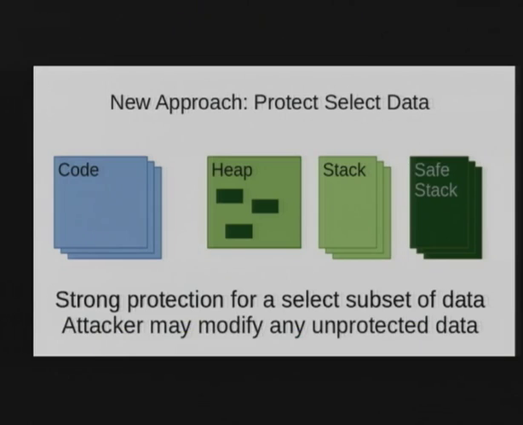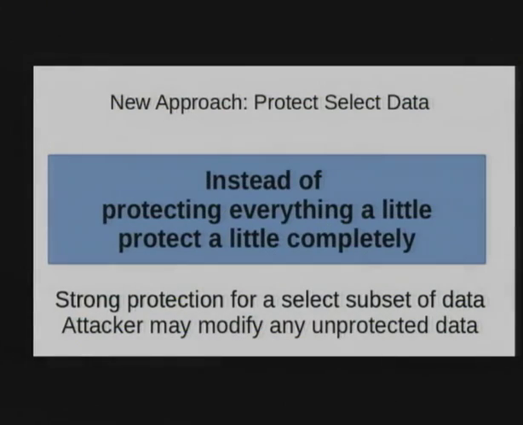The attacker may modify any of the unprotected data, and we don't give any guarantees whatsoever about the remaining data that is out there. So the attacker is free to run any data-only attack on top of the other data that is not protected.